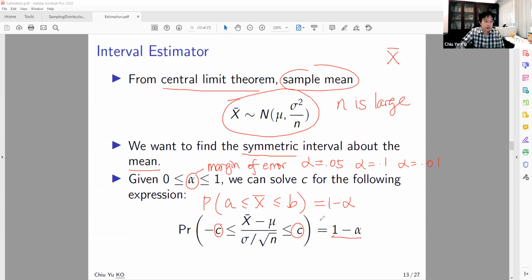The reason is that we want a range of values between A and B such that the sample mean usually falls between these two values. Is it clear what alpha is? Alpha is spelled as alpha.